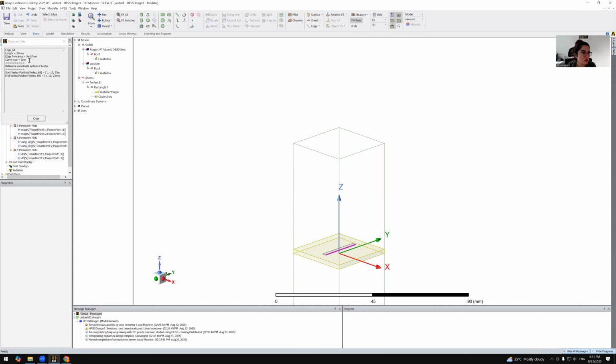So this is about 20 millimeter, okay? The resonant frequency, if this is lambda over 2, lambda must be 40 millimeter. So 300 over 40, that's about 7.5 gigahertz.